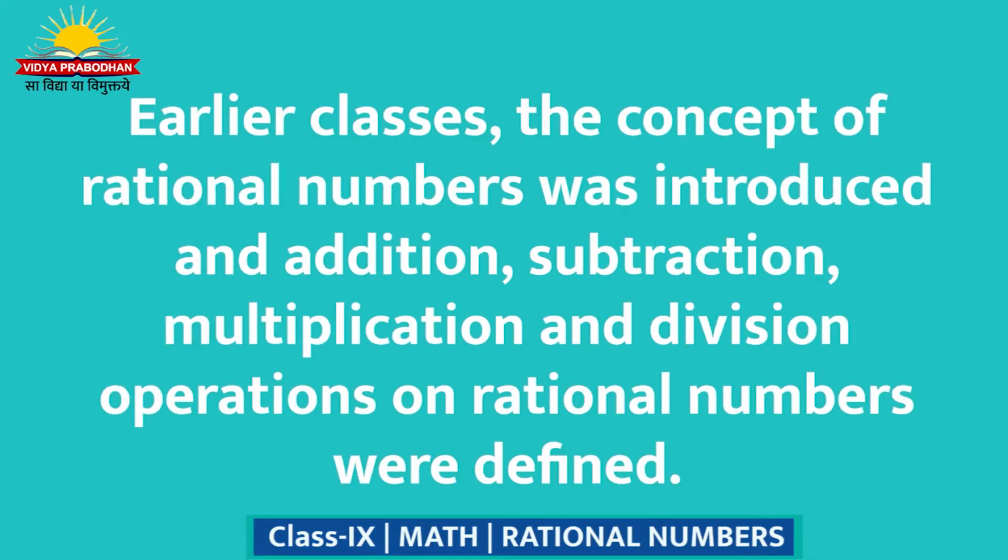In the earlier classes, the concept of rational numbers was introduced and addition, subtraction, multiplication and division operations on rational numbers were defined. In this chapter, we will learn about various properties of these operations on rational numbers. Let's start with what are rational numbers.